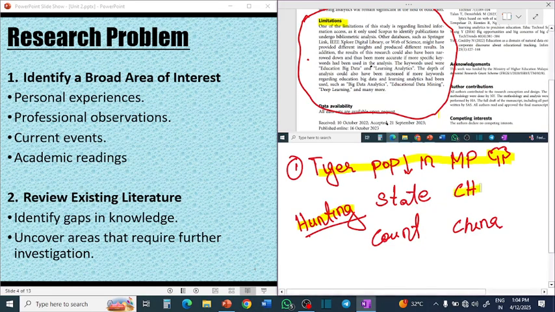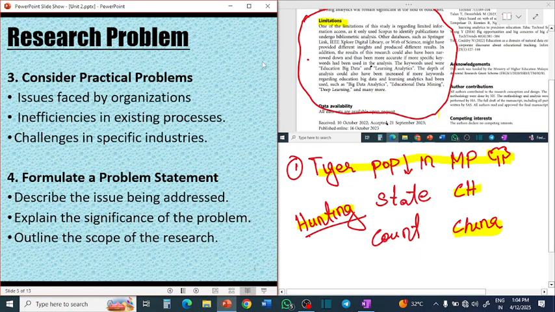Your earlier article was done on Madhya Pradesh, so you can choose a different state like Chhattisgarh, or you can go for a totally different country, like China, for your research. So this is known as reviewing existing literature and finding the research gaps which will help you to do further research.